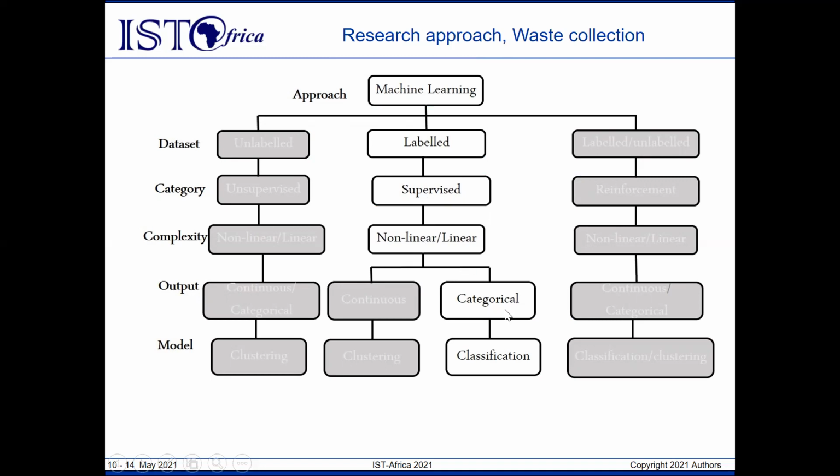So at the end of the day, our models will be around classification. It means that for waste collection, we're going to look at classification models and see which one can work better than other models that exist out there. By labeled data, we mean that if, for example, the bin ranges from 0 to 30%, then we categorize it as empty.